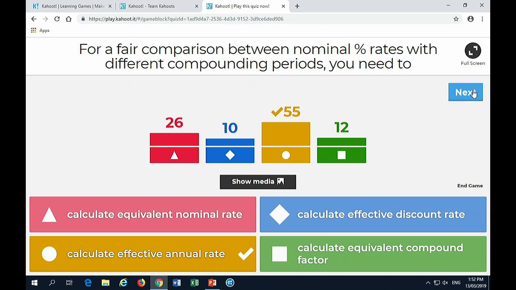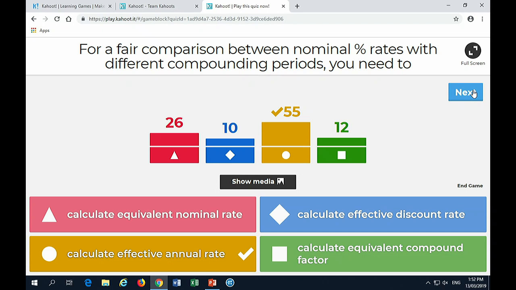Whenever you move away from annual compounding to more frequent, nominal will always be less than effective. Your actual effective rate will be greater. In this case, our effective rate is 12.68%. Here, the effective rate is 12%.